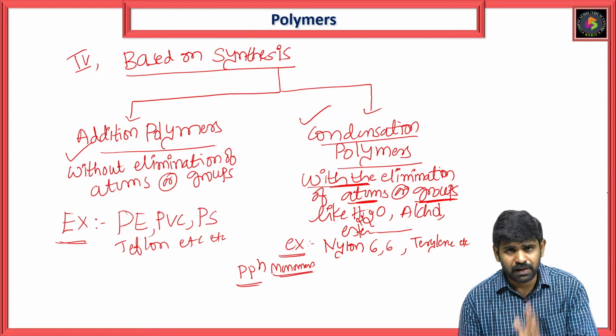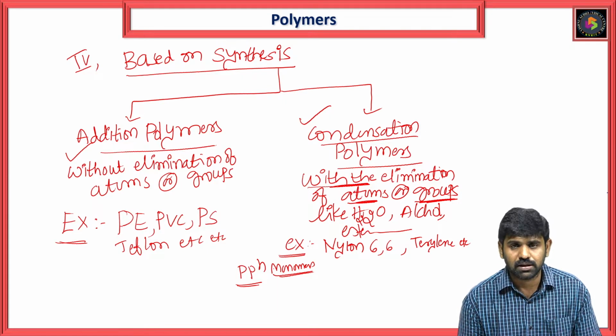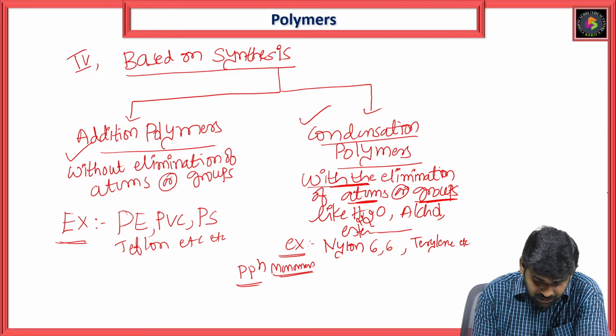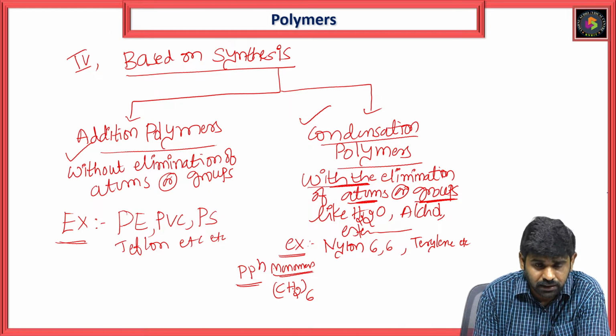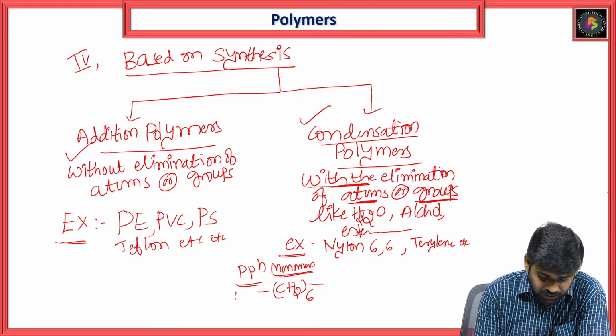Hexamethylene diamine plus adipic acid gives rise to nylon 6,6. First I will write hexamethylene diamine, that is NH2, CH2 taken 6, NH2.